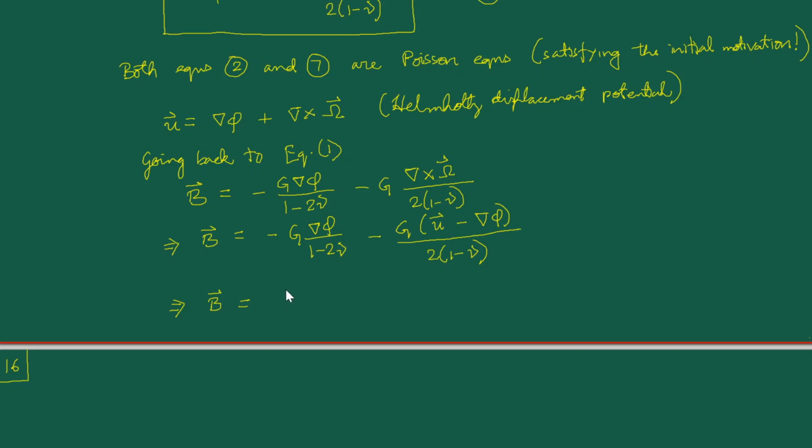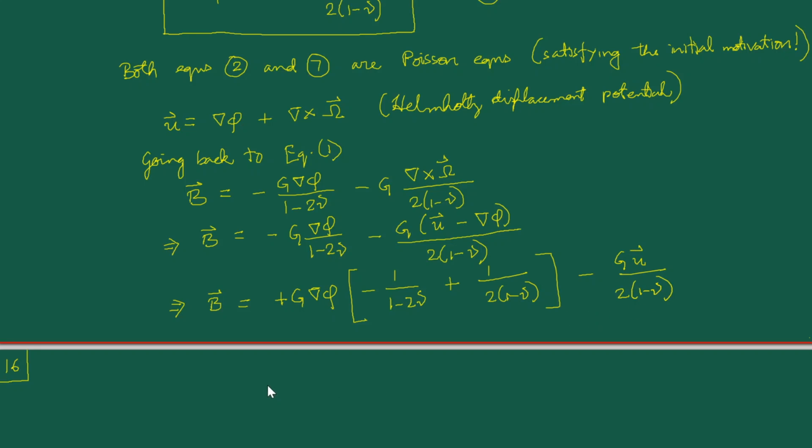So we have minus g grad phi common between this term and this term. Within the bracket we have minus 1 by 1 minus 2 nu plus 1 by 2 into 1 minus nu, and then we have this term, minus g u vector divided by 2 into 1 minus nu.